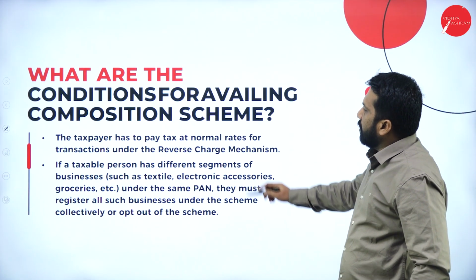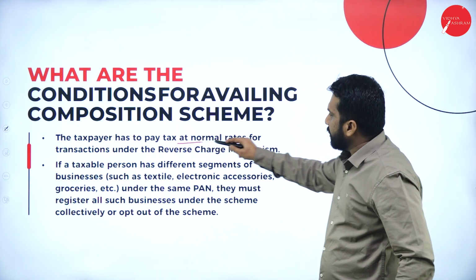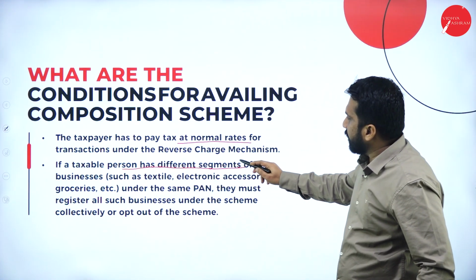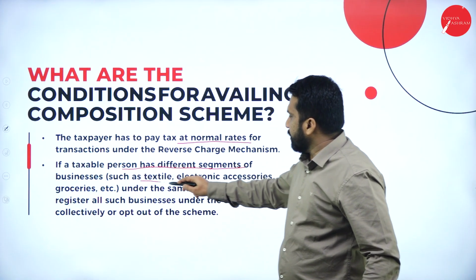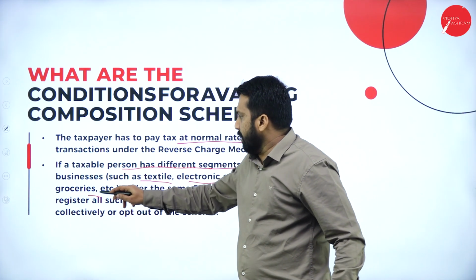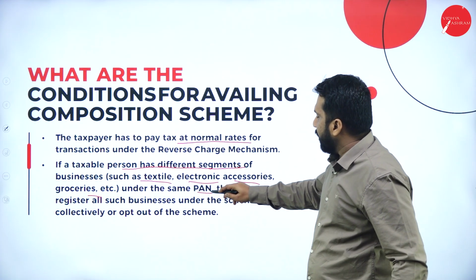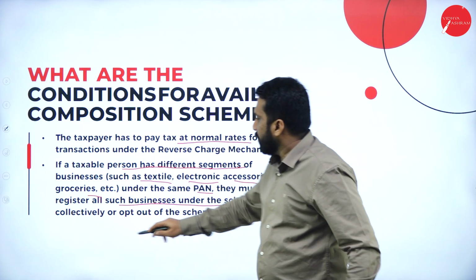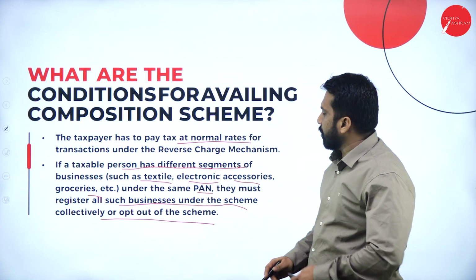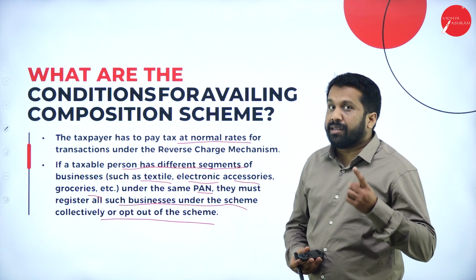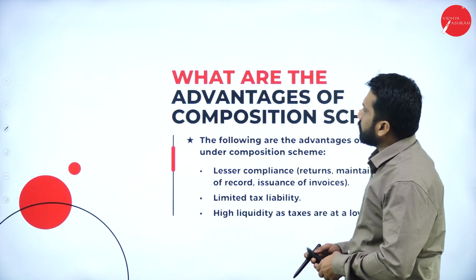Already you know that the taxpayer has to pay tax at the normal rate. If a taxpayer has different segments of business such as textile, electronics, accessories, grocery, etc. under the same PAN, they must register all such businesses under the scheme collectively or opt out of the scheme. Usually in the composition scheme, the tax is calculated on turnover, the selling price.